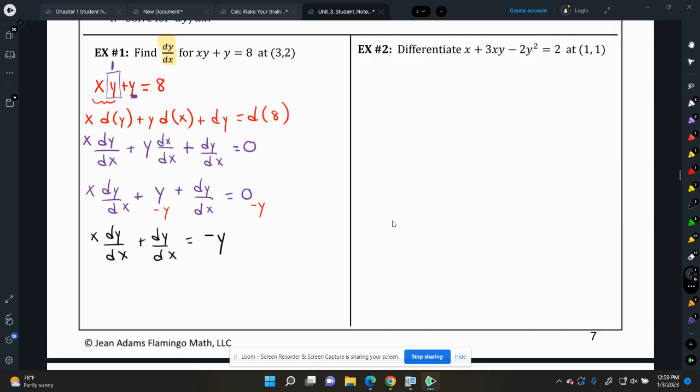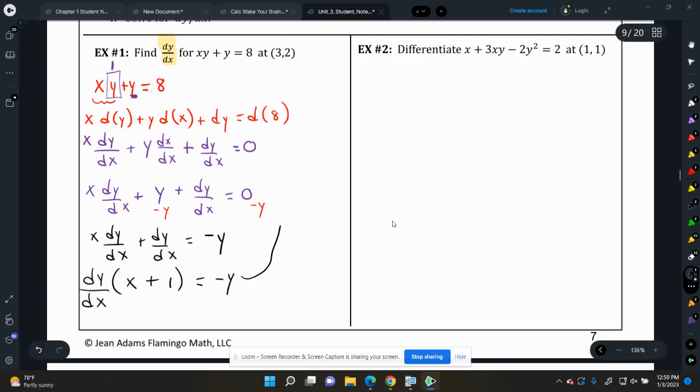Any ideas what I can do now to get the dy dx by itself? No, I don't want to divide by x because the second dy dx does not have an x there. I can factor a dy dx out, and what's that leave me with? X plus 1. And then what?